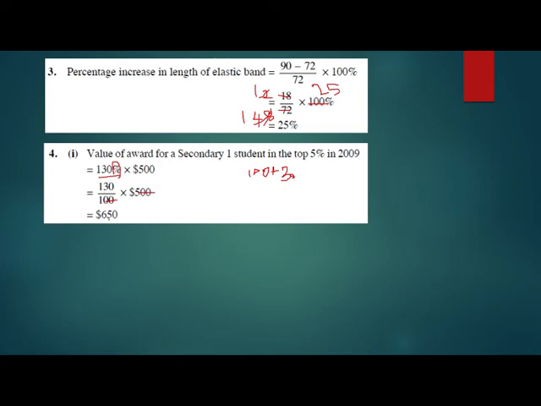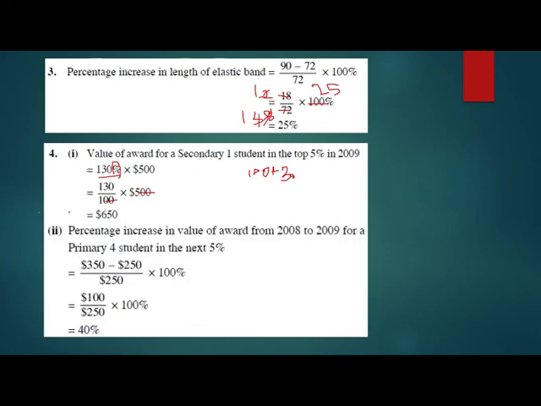Now we have question part 2. Find the percentage increase in the value of the award from 2008 to 2009 for a Primary 4 student in the top 5%. The value in 2009 for Primary 4 in the top 5% is $350, which is given in the third row in your book.